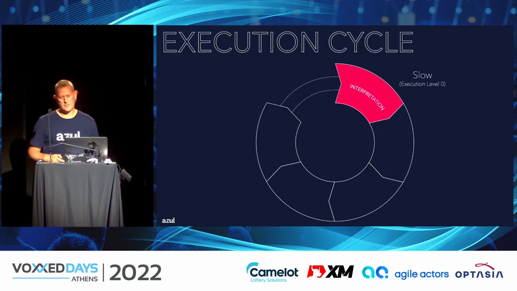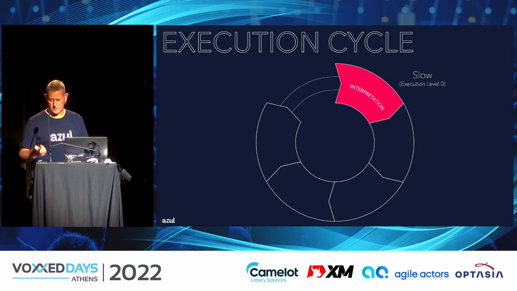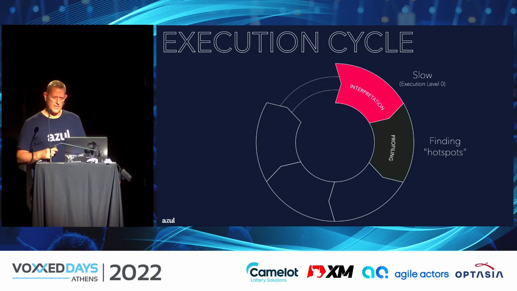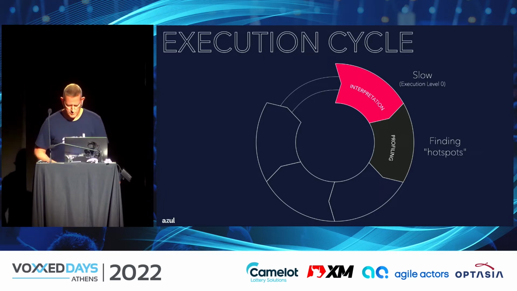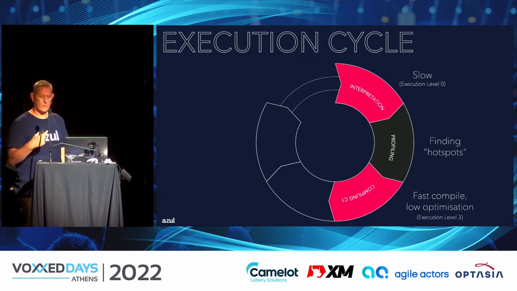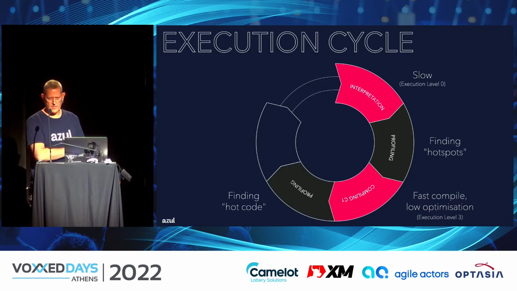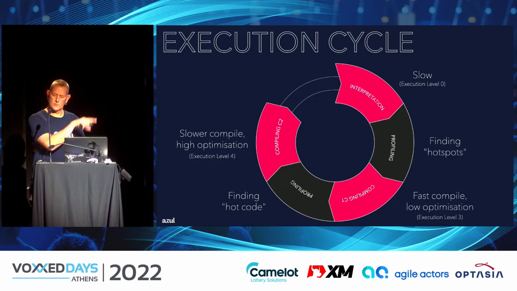Execution level 0 is interpreted code, then this will be profiled, and we try to find hotspots, which is the reason why the hotspot compiler is named hotspot compiler. Then we forward it to C1, we do the compilation, another profiling phase, and then it goes to C2, where it will be further optimized.